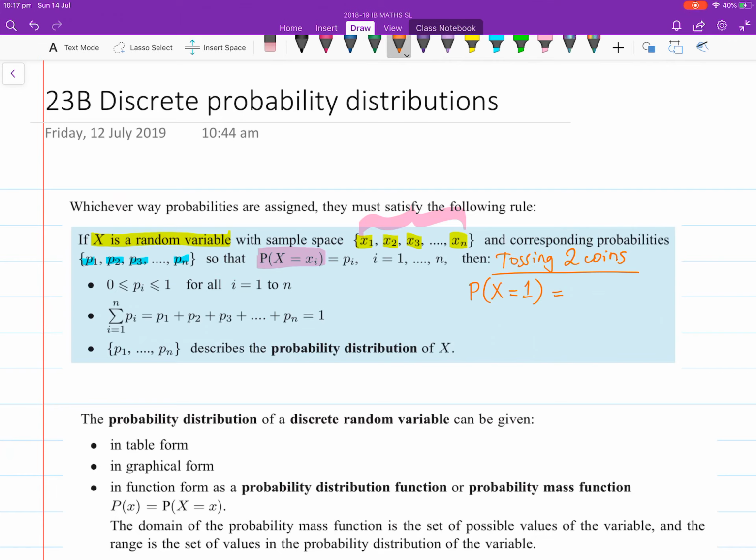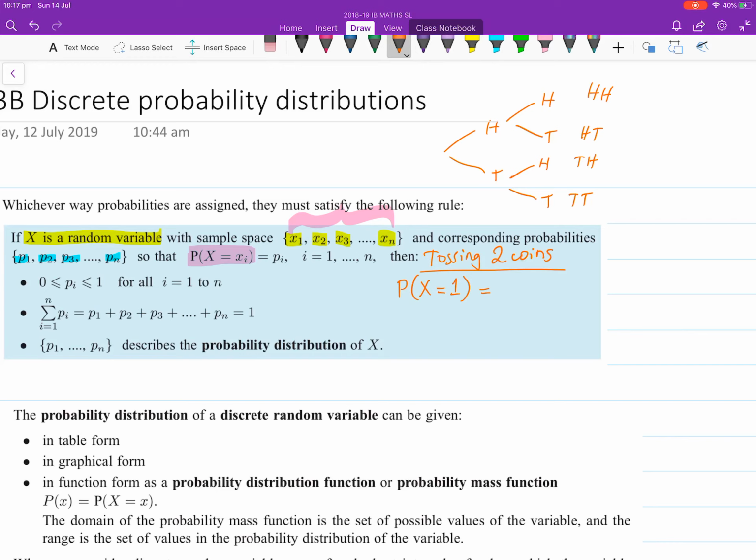So remember, if you're tossing 2 coins, we can get heads or tails, right? And then you can get heads or tails again. So you can actually get heads-heads, heads-tails, tails-heads, and tails-tails. So the probability of getting 1 is either you can get heads-tails or tails-heads. So that's 2 out of the 4, okay, which is a half, right? So that is a half.